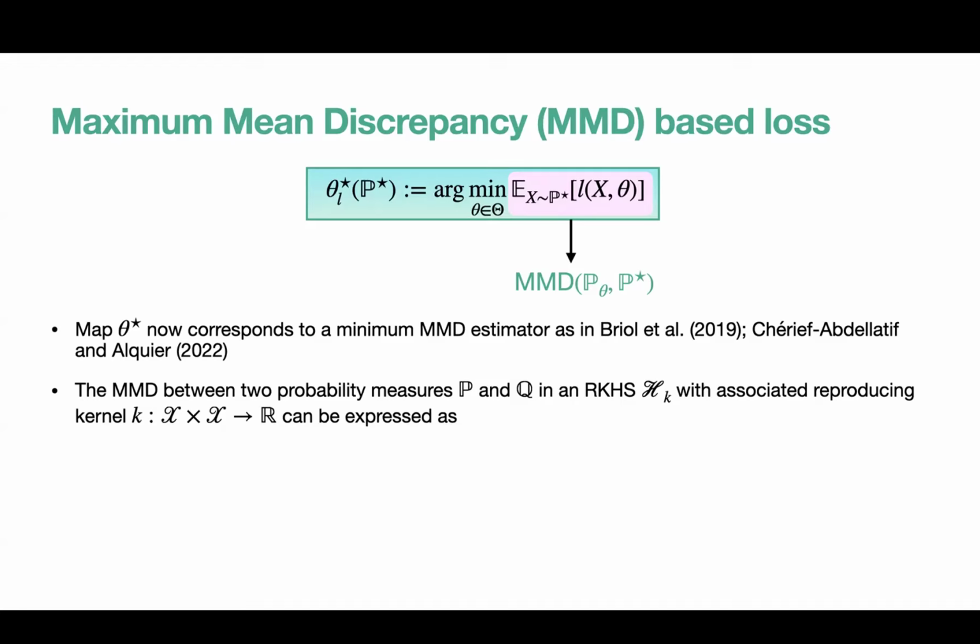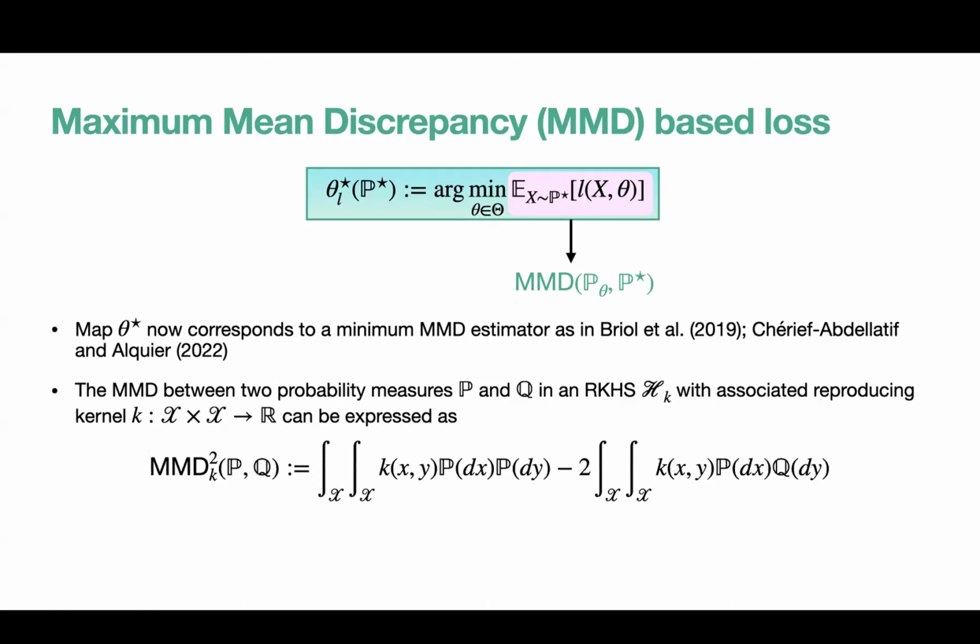And then the second part is more computational because, of course, we're in the simulator-based setting, so we needed to choose a loss such that we don't need the likelihood. And the nice thing about the MMD is that it can be written only as an expectation of this reproducing kernel function.